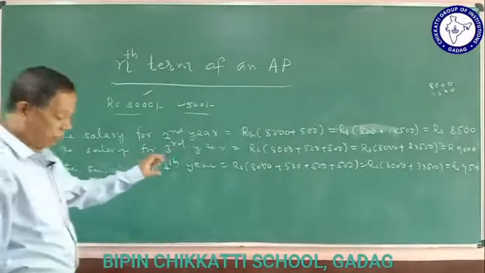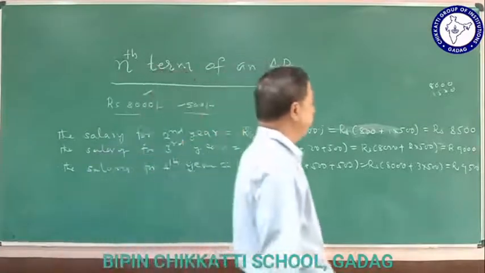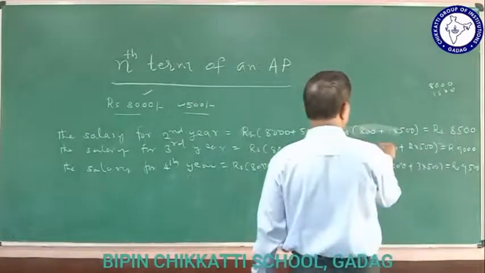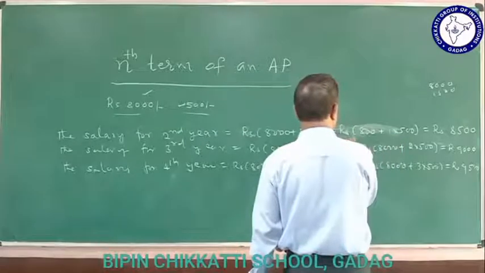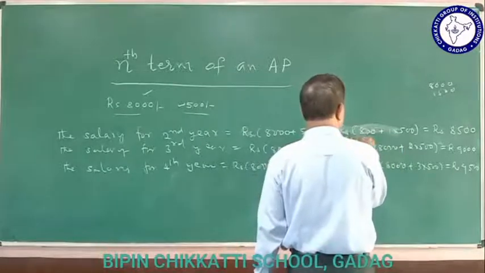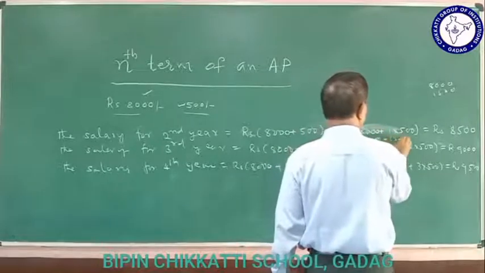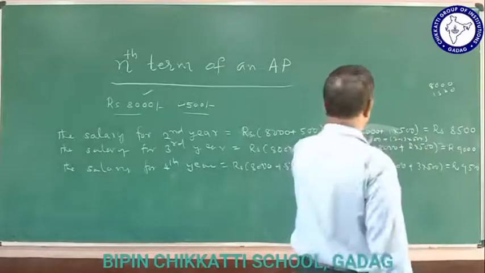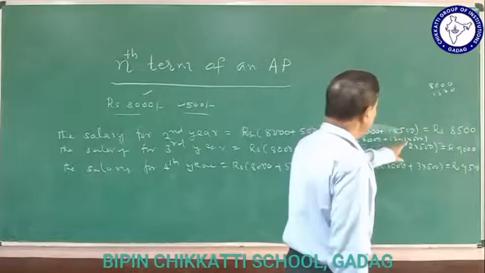Now see whether the numbers we get are in arithmetic progression or not. The same thing can be written for the second year as Rs 8,000 plus (2 minus 1) into 500. It is one and the same, 8,000 plus 1 into 500, since 2 minus 1 is 1 only.